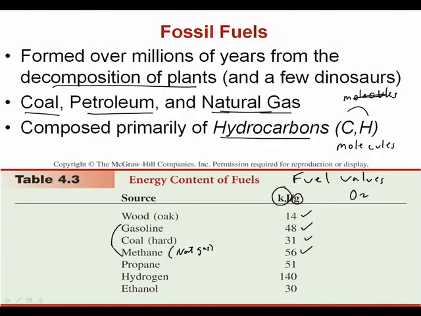There are a lot more plants than there were dinosaurs, though, so that's the reason why we say plants. Propane, that's another hydrocarbon. Hydrogen, we'll talk about that later. And here's my ethanol. Ethanol is about the same as coal and has a fuel value 50% smaller than gasoline. It puts out much less heat when it's burned.